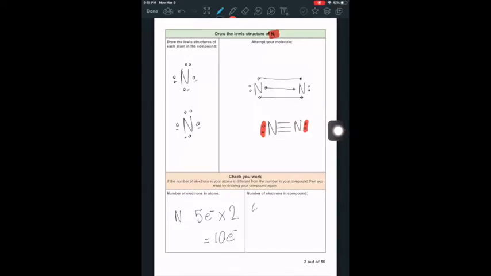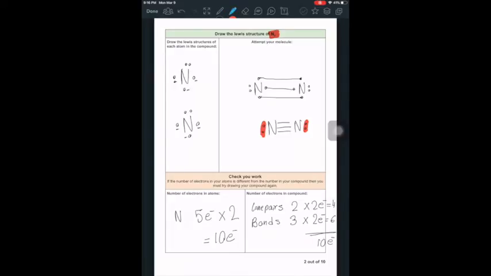So the lone pairs, I know I have 2 lone pairs times 2 electrons each, plus the bonds. I know I have 3 bonds times 2 electrons each. So here I have 4, and here I have 6. In total, I have 10 electrons.